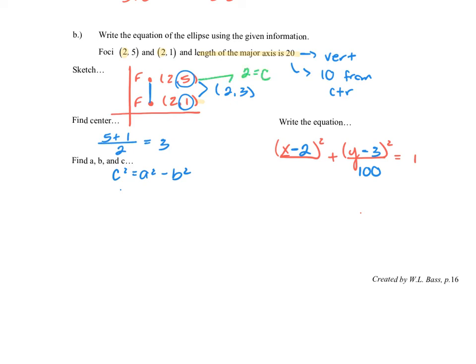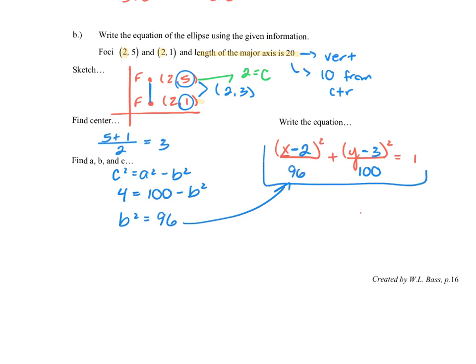So that's going to be my c value. So I'm going to come down here and square it. So I have 4. Remember, a squared is always going to be the larger of the two. So that's going to be my 100 minus my b squared. I'm going to rearrange this and say b squared equals 96. And that's automatically going to go right there. So then we are all done writing the equation for ellipses.